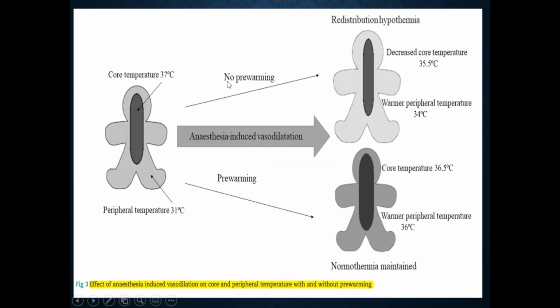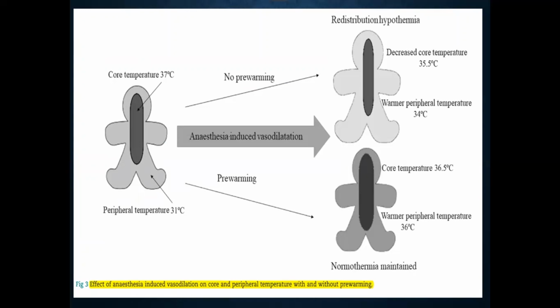Okay. Again, let's say a patient comes with 37 degrees Celsius, peripheral temperature 31. You are not warming the patient. No pre-warming. Anesthesia induces vasodilatation. See how much the patient lost. They can go up to 34 degrees Celsius at the periphery. But if you pre-warm the patient before you give the induction drug, that's why it's very important: when the patient comes in, before you give your induction drug, put on the warming blanket on top of the patient's body first, at least for a few minutes while you are preparing the patient. Once you put on your monitoring and everything, put on the warming blanket first.